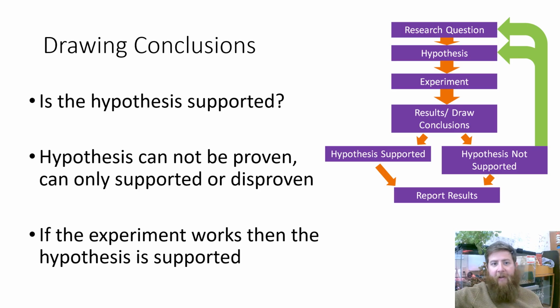So once you've got your data, you can start drawing conclusions. Is your hypothesis supported? Remember that we can't prove hypotheses. We can only support them or disprove them. If your experiment works and everything goes like you were planning and it was what you expected, you say that your hypothesis was supported. You don't say that it was proven.